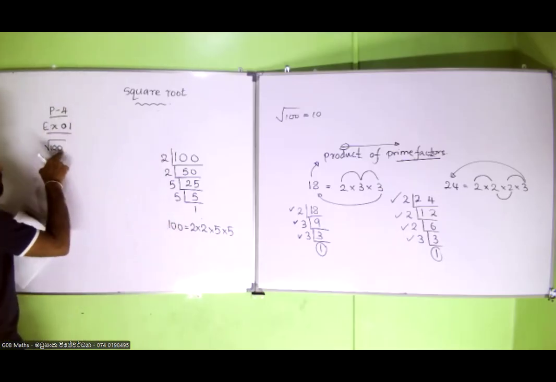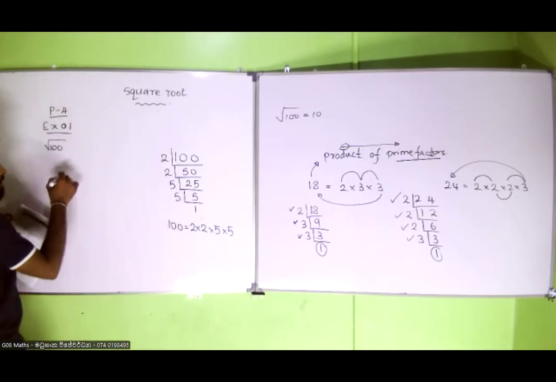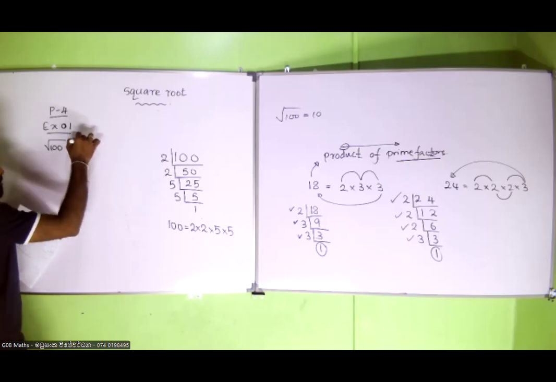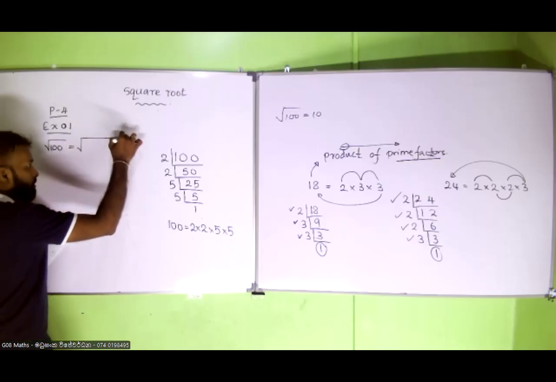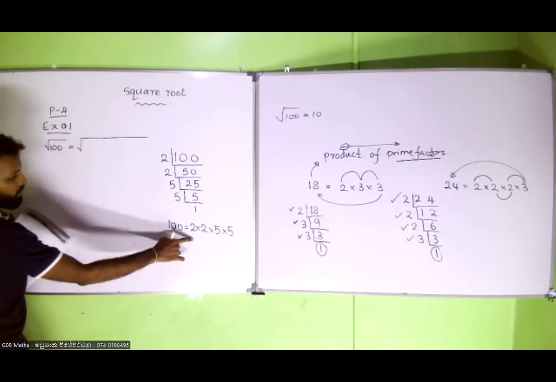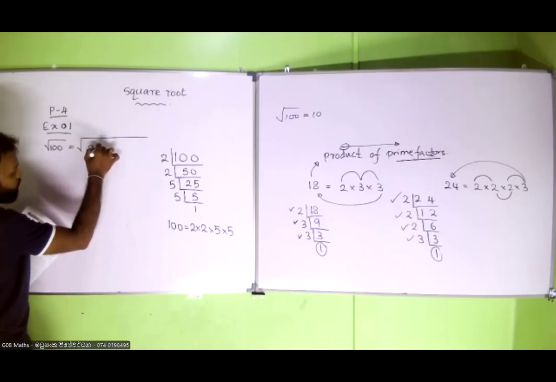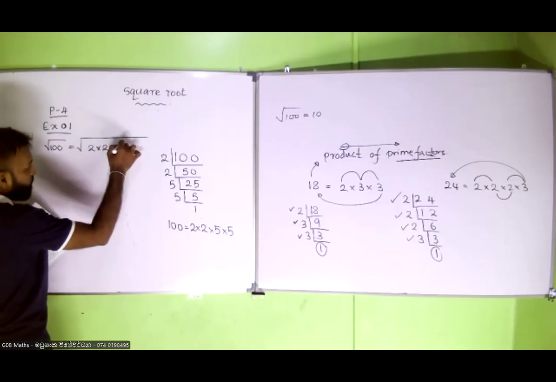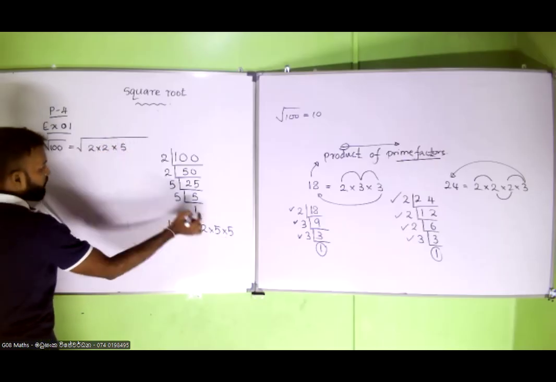Here you have square root of 100, equal mark, square root of 100. Remember, 100 can be written as 2 multiplied by 2 multiplied by 5 multiplied by 5.